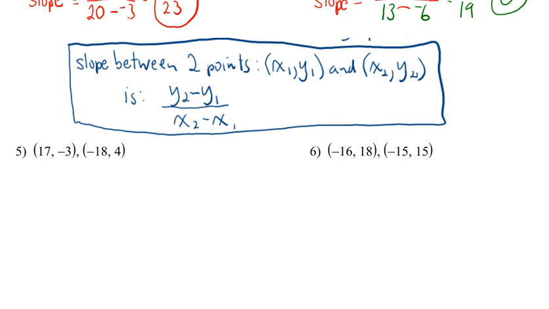These are my first numbers, so it's x1 and y1. These are my second numbers, so it's x2 and y2. All right? And I'm already subtracting. All right, my slope equals.